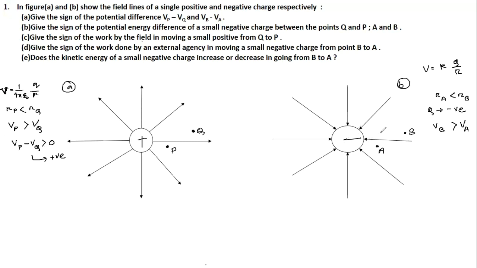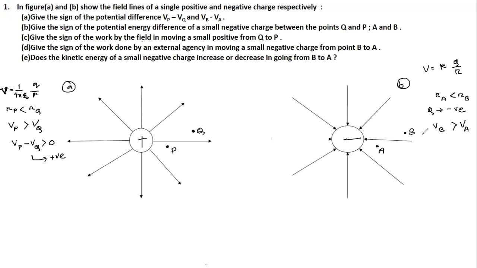In general, potential and distance are inversely related. If you have lesser distance, it provides greater potential; if you have more distance, it has lesser potential. But in this case we cannot apply that, because the sign of the charge is negative.